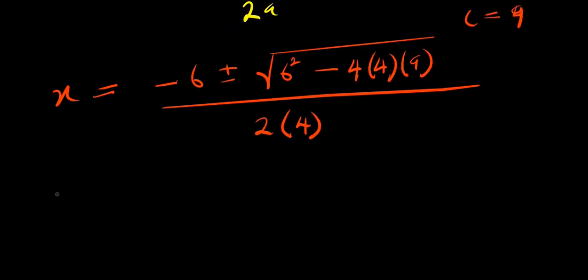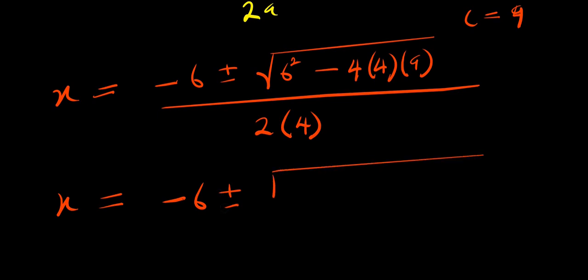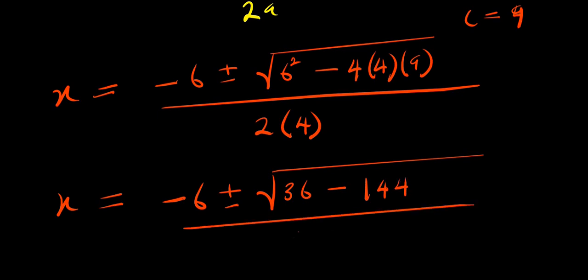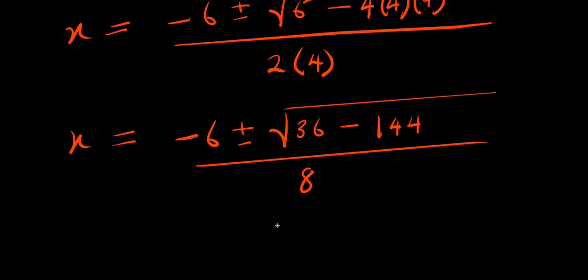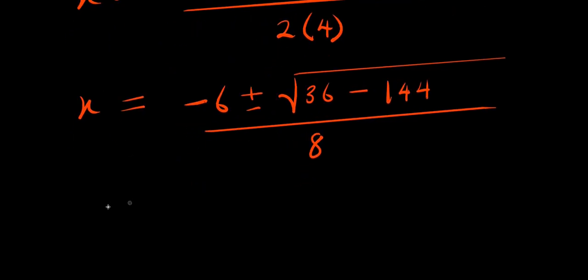So from here, I have x equals negative 6 plus or minus square root of 36 minus 144, divided by 8. So from here, we have x equals negative 6 plus or minus square root of, now, 36 minus 144.